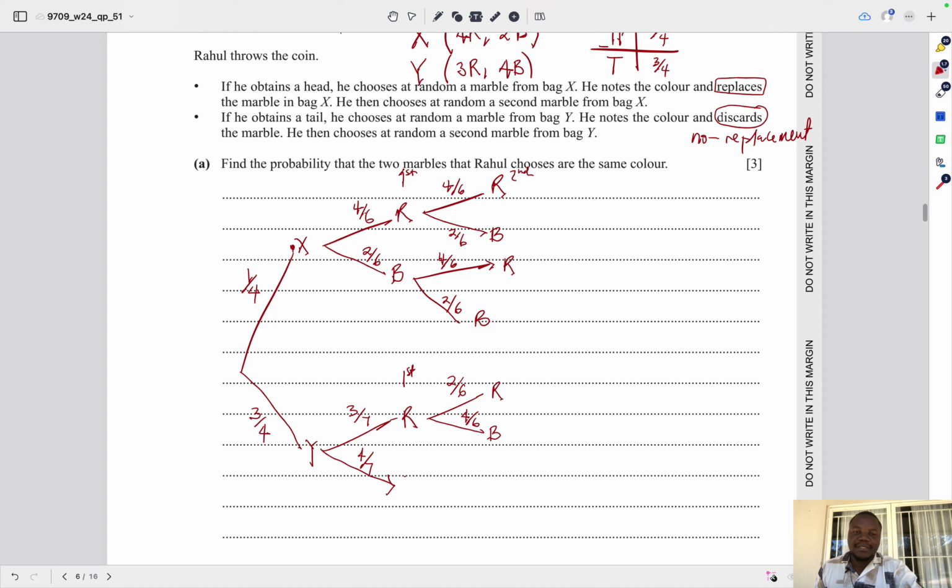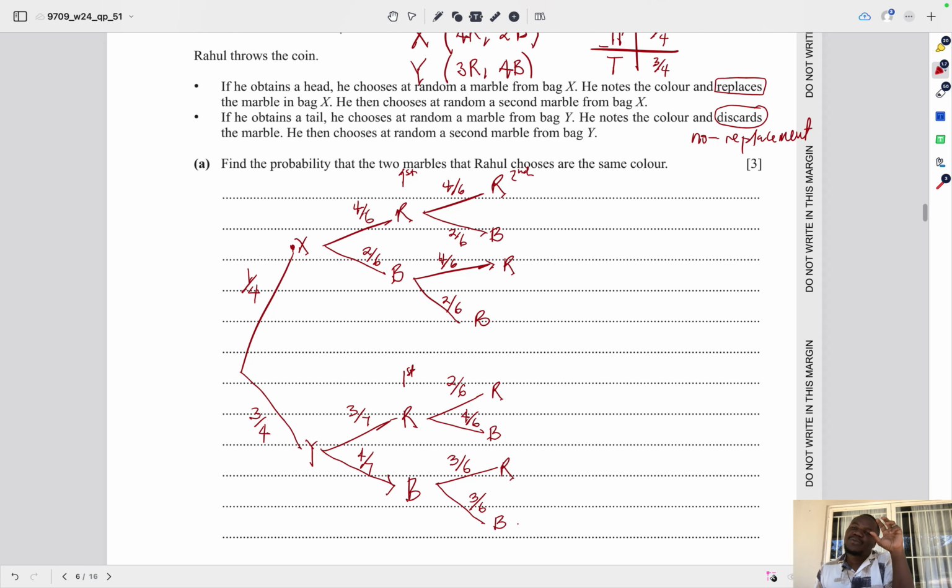And then when we come to this root here of blue, if in the first pick we picked the blue ball and discarded that, it means on the second turn, we are still going to have 3 red balls out of 6 remaining, since we discarded 1. Remember the question there? And then for the second blue ball, we discarded 1 blue ball here, meaning out of 4, we now have 3 out of 6 remaining of the blue balls. So this is the tree diagram that we have.